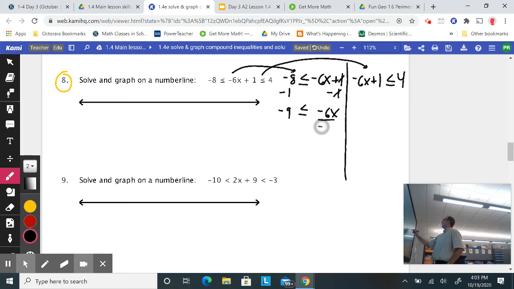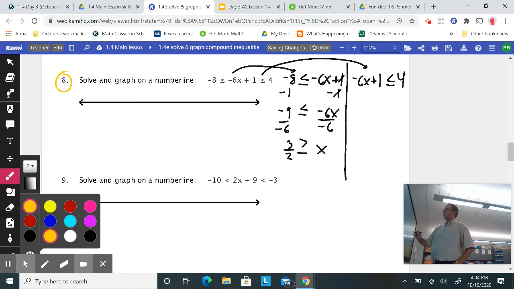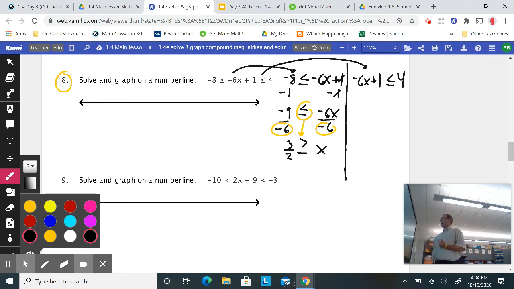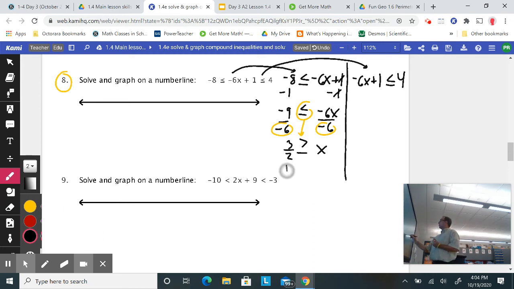Now I'm going to divide by -6 on both sides. So that becomes a positive 9/6. 9/6 you can simplify to be 3/2, so it's a positive 3/2. X is by itself, and the sign has to reverse. Because I divided by a negative, the sign has to reverse. So you can leave it as 3/2, or of course we know 3/2 is 1 1/2.